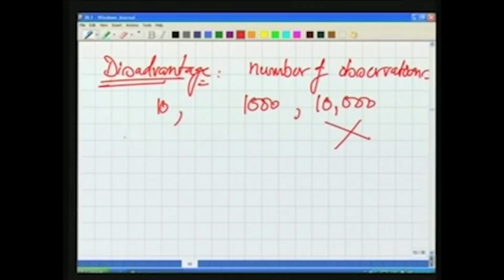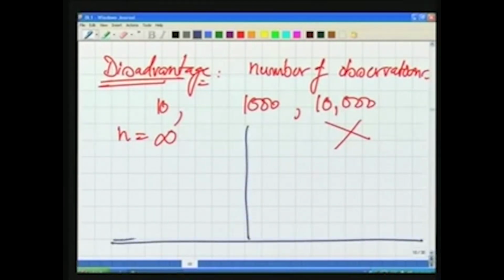For example, let us say n is equal to infinite. Now for n equal to infinite, in our normal curve, n equal to infinite means we have got infinite observations.